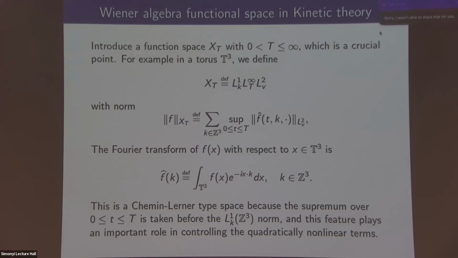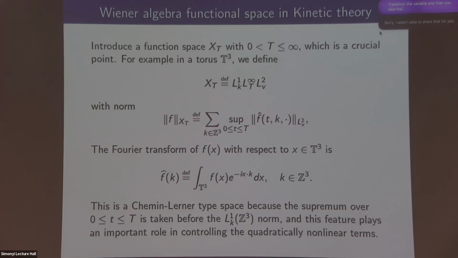We introduce a function space. We use the torus, and we define the space L1k, L infinity t, L2v: you take the Fourier transform of f in the x variables, then you take the L2 norm in the velocity variables, then you take the sup in time, and outside of that you take the sum in the Wiener algebra.